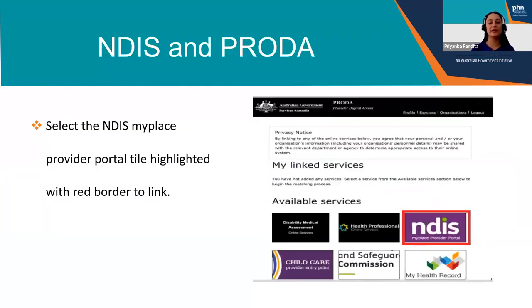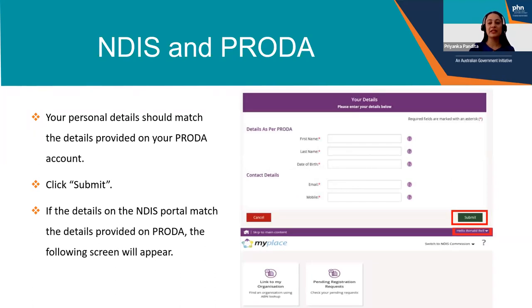And now we come to NDIS and PRODA, how to link the My Place provider portal to your PRODA account. Once you log into your PRODA account, you'll see all these tiles under available services. The NDIS My Place provider portal tile is the one we will select. Once you select that, it will ask you for all your details.